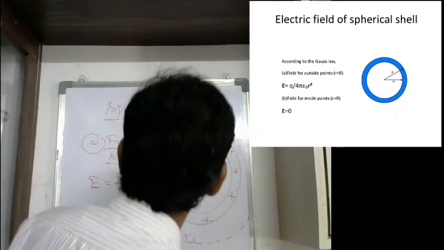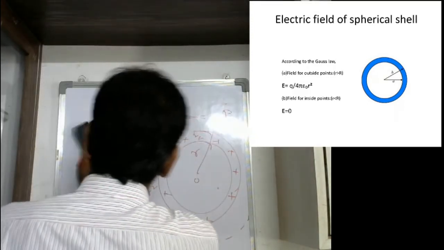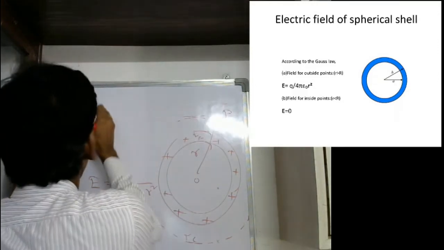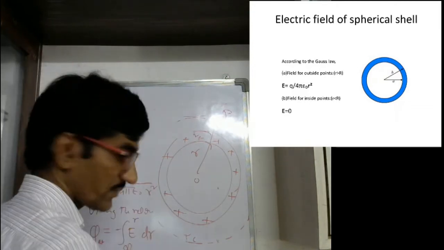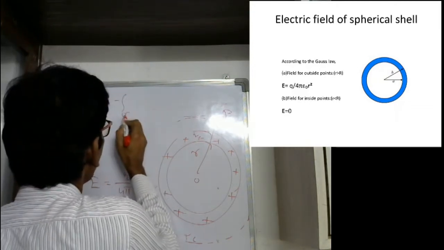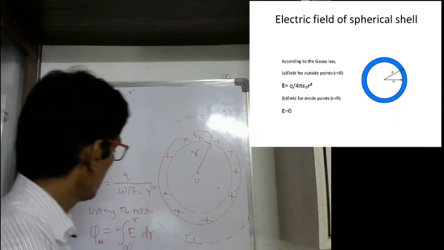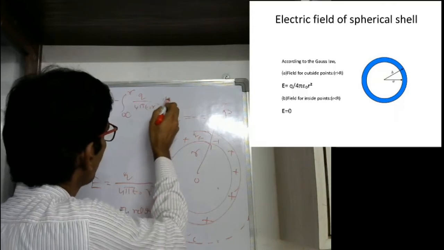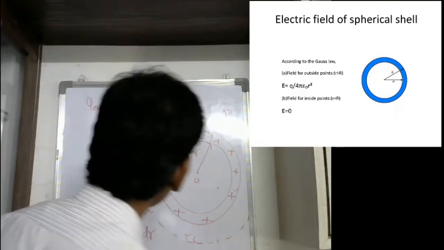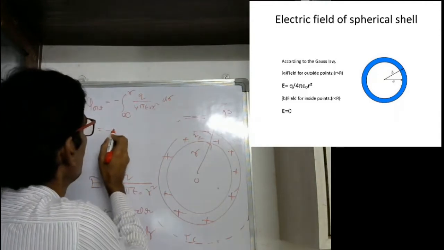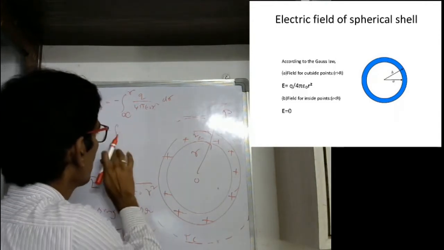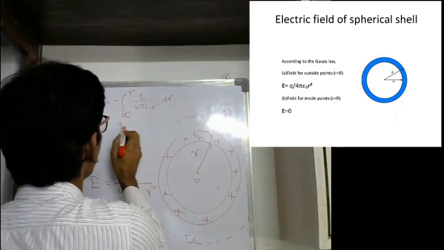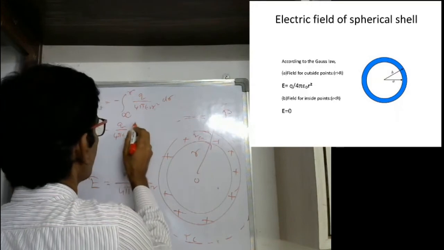I will write here: phi out is equal to minus the integral from infinity to r of Q by 4 pi epsilon naught r square dr. Write the constants outside: Q by 4 pi epsilon naught is a constant.